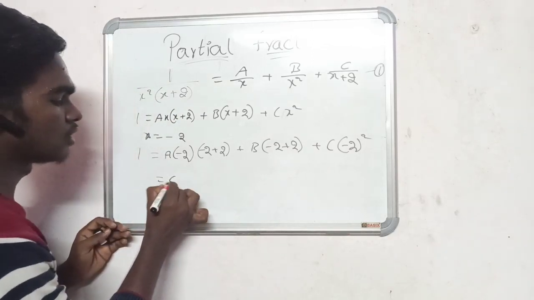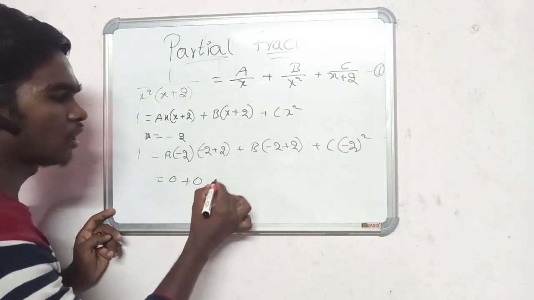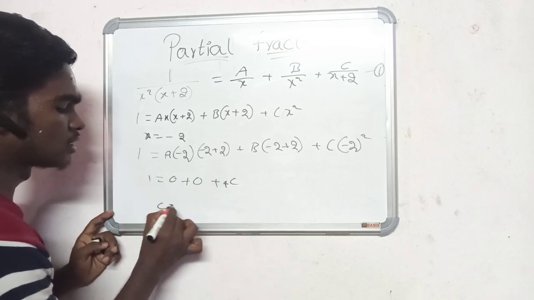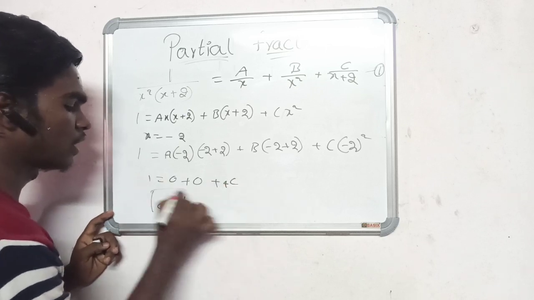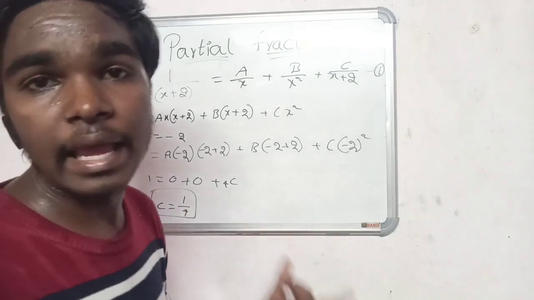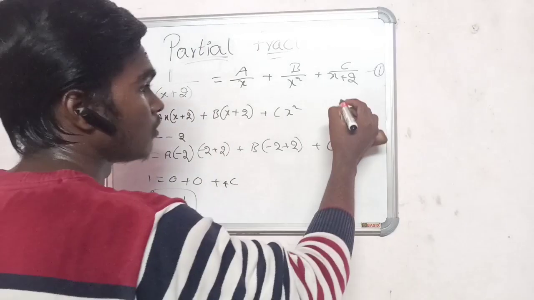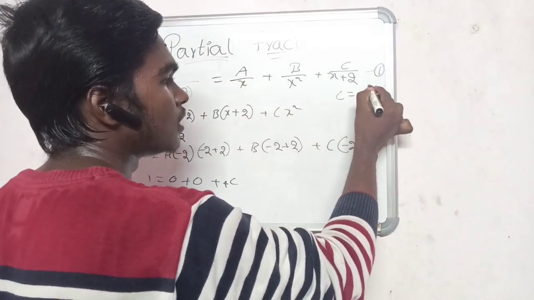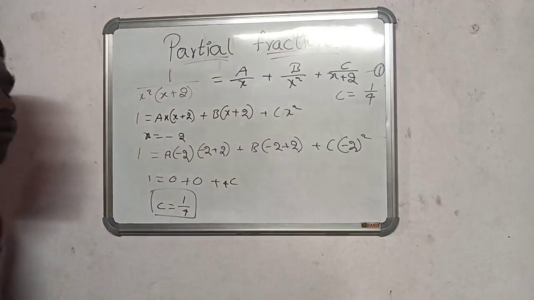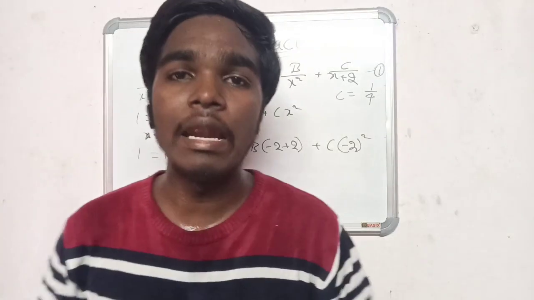The a value will become 0, the b value will become 0 and the c value is 4c. Now c is equal to 1 by 4. Keep this in a box and carry the c value till the end of the problem. So we write c is equal to 1 by 4. We got the c value. Now we want to get the values of a and b.